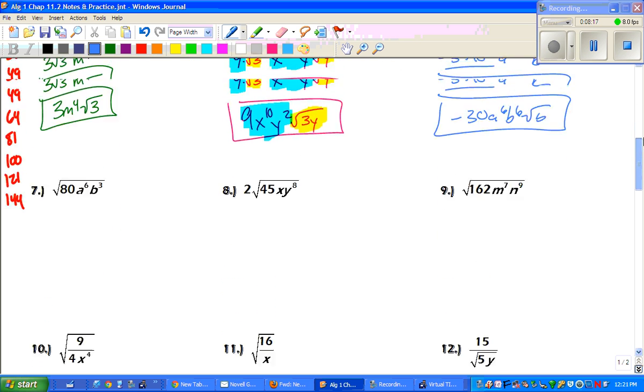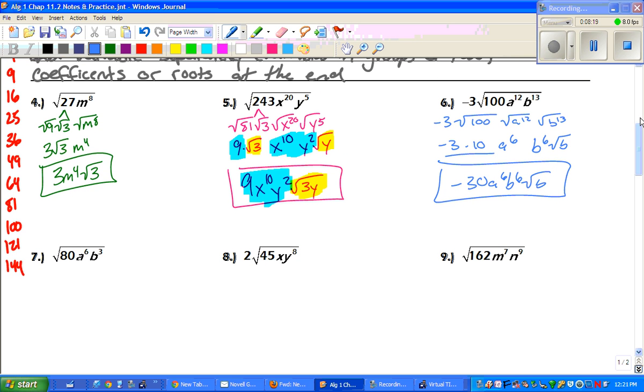Okay, 7. What breaks down 80? And do not say 40 and 2, because 40 is not on our list, guys. Okay, we have to do it in perfect squares. Okay, when I did this, we got 16 and 5, a to the 6th, b to the 3rd.